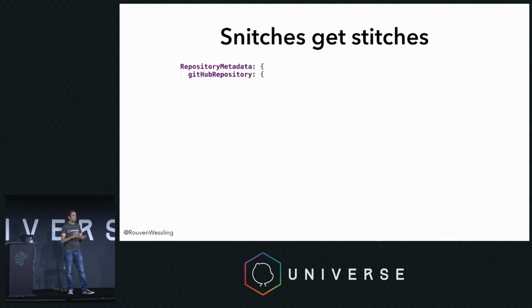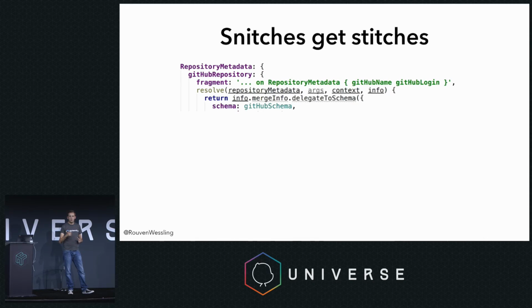So that's the schema, but I also need to write a resolver now again to actually resolve those fields for those objects. So let's first take the Contentful repository metadata object. I'm defining that the field GitHub repository on that object will be resolved by this function. The first thing we're adding is a fragment.